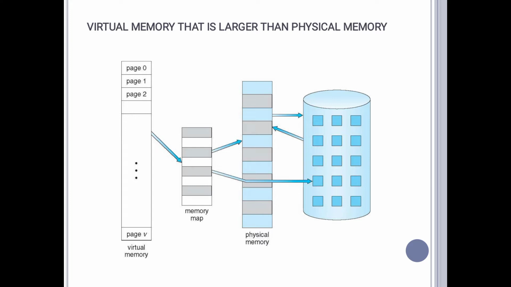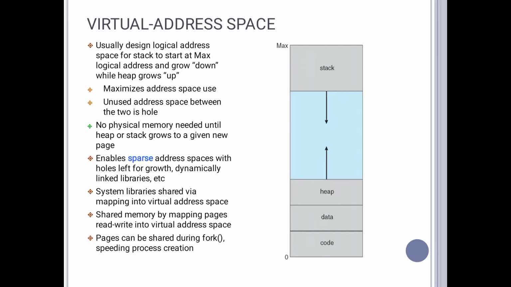Virtual memory makes the task of programming much easier because the programmer no longer needs to worry about the amount of the physical memory available. Okay, so next, virtual address space.